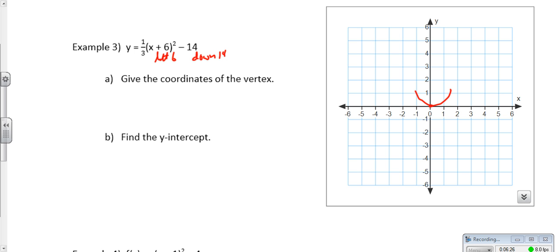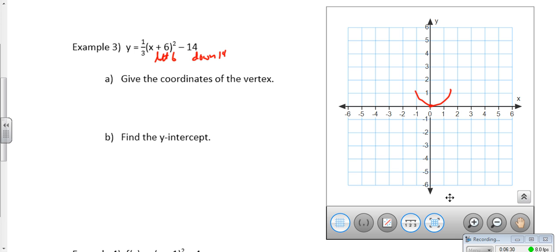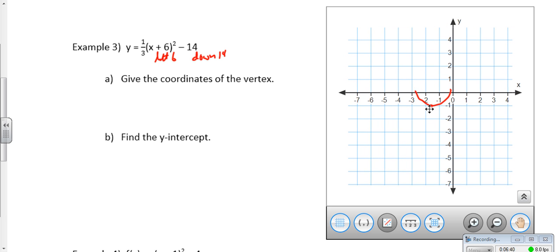Alright, so instead of my vertex being 0, 0, I shift left 6 units, so it goes over to the left and down 14.